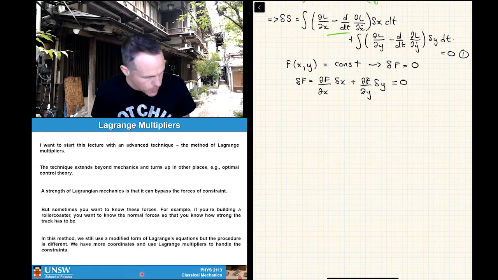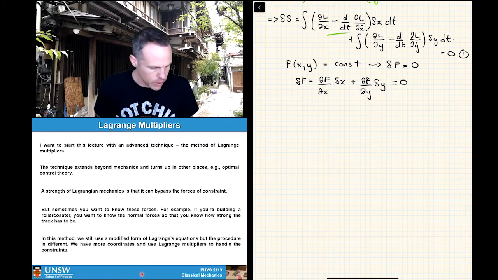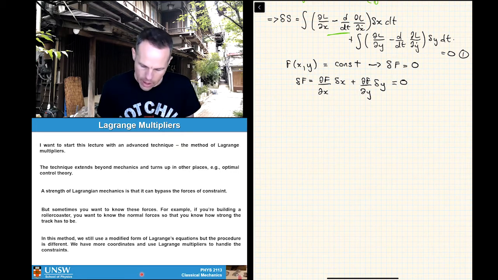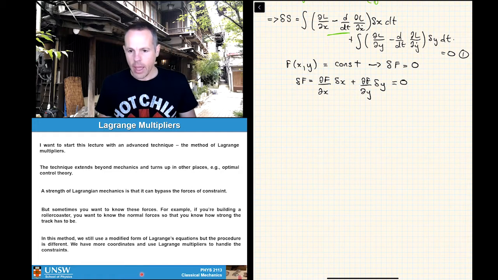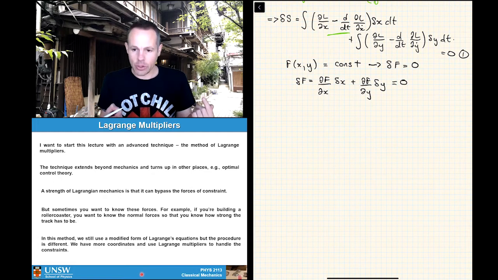Since this thing here is 0, we can multiply it by an arbitrary function and add it to our equation 1. We're taking 0, multiplying it by an arbitrary function, so it's still 0, and adding it into something, which is just adding 0 on.